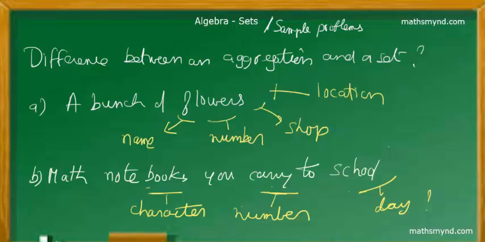If such specifics are added, like the name of the flowers, the number you get, from which shop you are getting it, and then the location of the shop, you can clearly get a set of flowers. I mean, you can add the name of certain flowers very definitely.